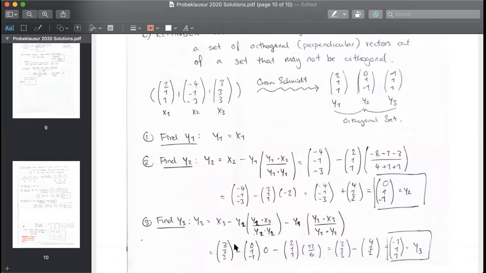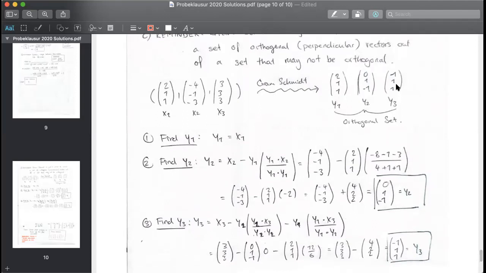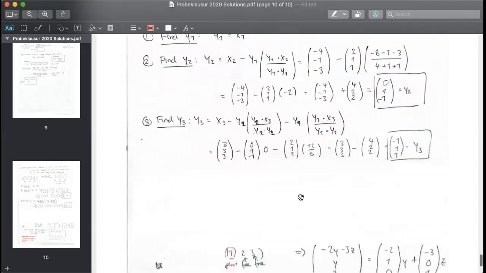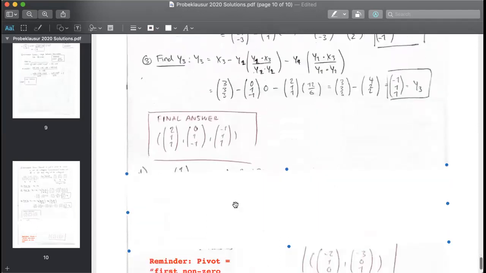Essentially it's this one minus this one, which is here. 12 over 6 is 2, so 2 times 2 is 4, 2 times 1 is 2, 2 times 1 is 2, so 4, 2, 2. Then it's x3, so 3, 3, 3 minus 4, 2, 2 is minus 1, 1, 1. And then you found your minus 1, 1, 1. That's your orthogonal set. Boom. So that's your answer: y1, y2, y3.